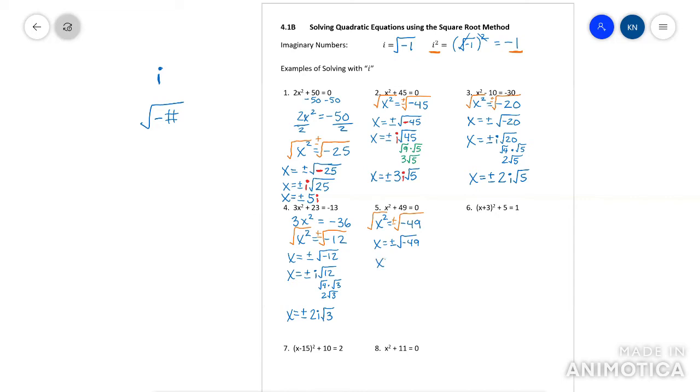Take the i out, x equals plus minus i root positive 49. And root 49 is 7. So my answer is x equals plus minus 7i. This is a good example of seeing that it's all the same thing. So like if it said positive 49, your answer would be plus minus 7. But since it's negative 49, you just put the letter i.